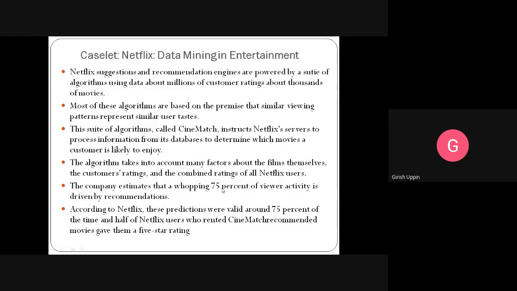Their estimates suggest that 75% of people go through those recommendations, because whenever you watch something, if you automatically get related videos, there is a very high chance that video will be liked by the viewer, and he will continue to go for the recommendations rather than going and searching for a particular video. And this was very, very popular.